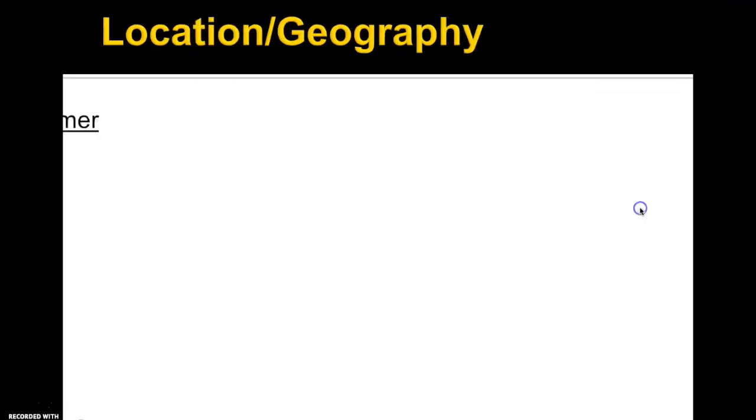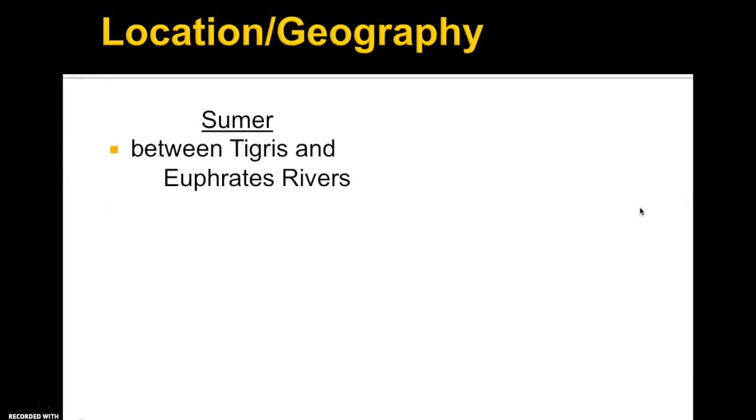So, location and geography. Sumer is between the Tigris and Euphrates Rivers. This area is also known as the Fertile Crescent. These two rivers are basically ground zero for civilizations. It's where it all begins. It's this fertile land that allows these ancient people to grow crops and to be prosperous.